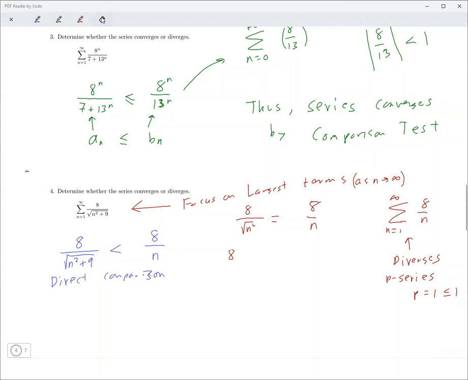It doesn't work like when it's like this, but you could do something like maybe just have a 1 over n instead. Then definitely this is bigger than that, right? Once you get past a certain point. So you could use direct comparison there.